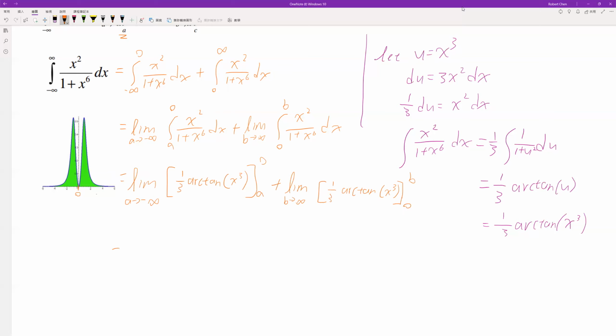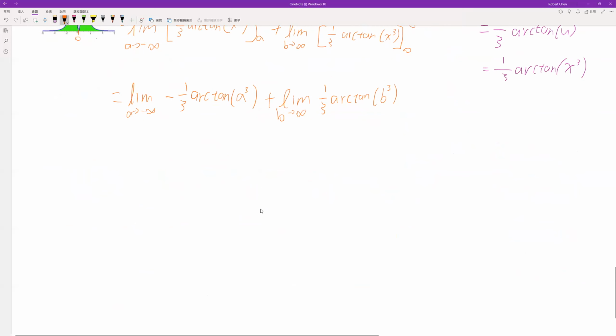All right, let's see what we have. Arctangent of 0 is 0, so we don't have to worry about that. So the first part, limit at negative infinity, will give us negative 1/3 arctangent of a cubed, plus the limit as b approaches infinity, that'll be 1/3 arctangent of b cubed, and again arctangent of 0 is 0, so we don't have to worry about that.